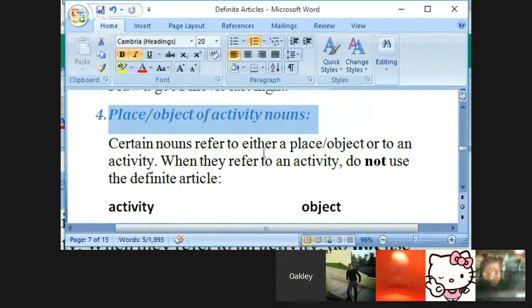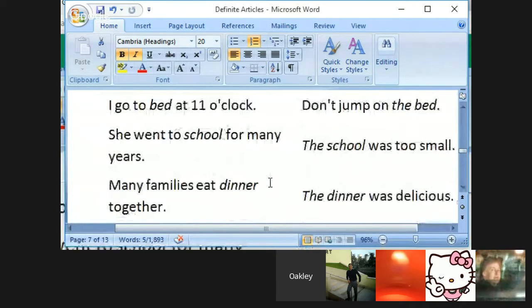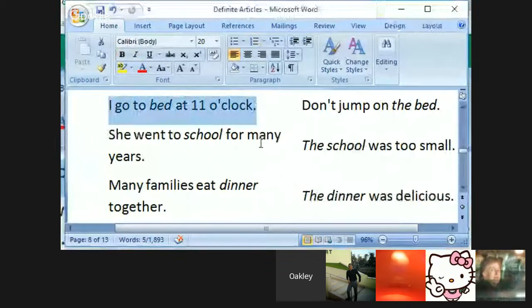All right, place or the object of activity nouns. What does this mean? Let's take a look. I go to bed at 11 o'clock. What I mean in English when we say "go to bed," "I need to go to bed," "he's in bed," "what time do you go to bed?" is what time do you go to sleep.